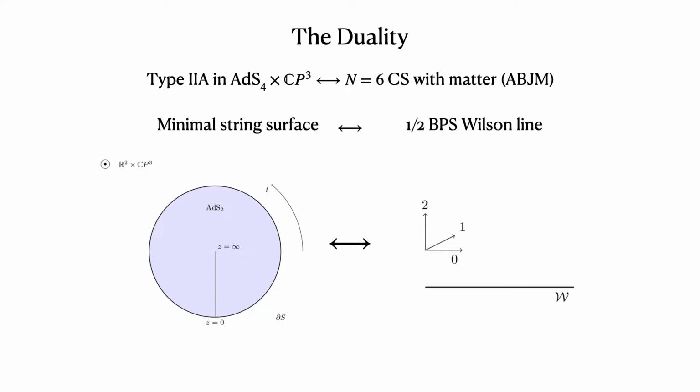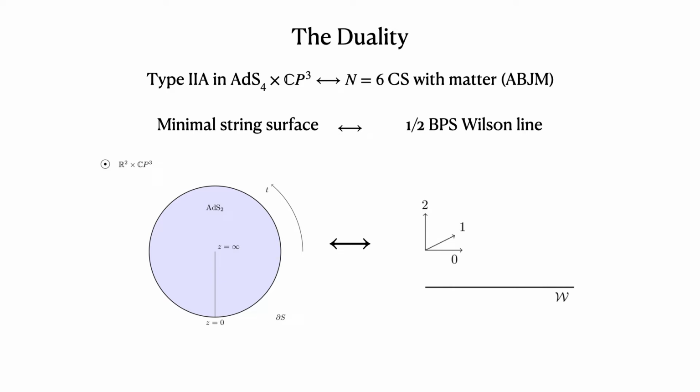The actual system that we'll be looking at is a subsector of this, which will be the minimal string surface in the AdS4 × CP3, whose boundary will be ending on the half BPS Wilson line in the ABJM theory.